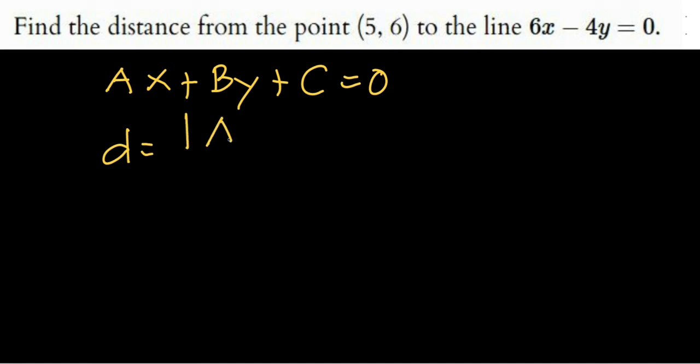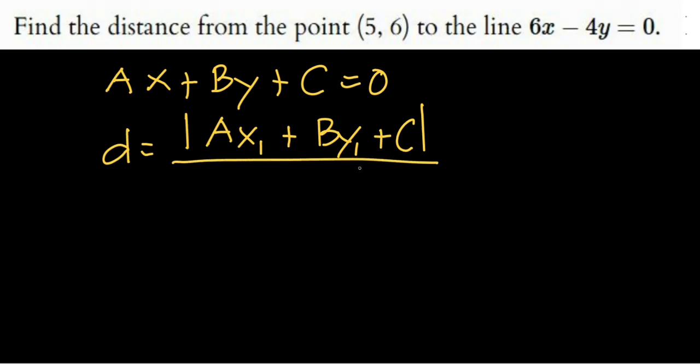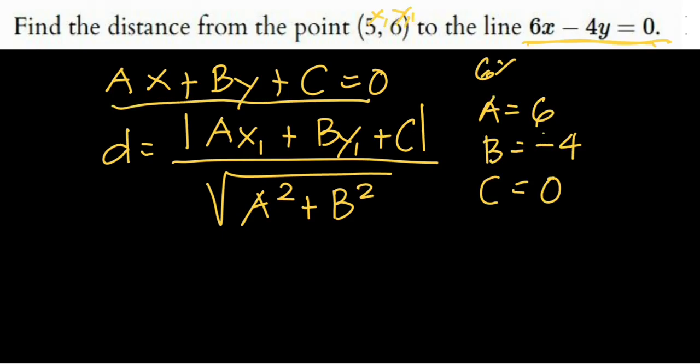It will be the absolute value of A x sub 1 plus B y sub 1 plus C, over the square root of the sum of the squares of A and B. That is 6x minus 4y minus 0. It was 0, or just simply 0.